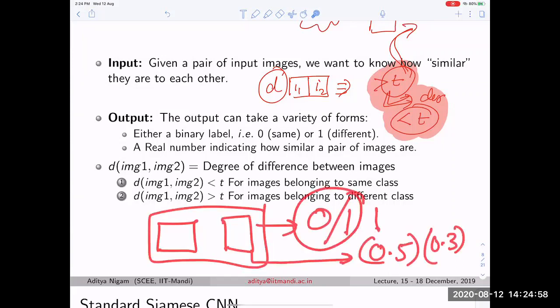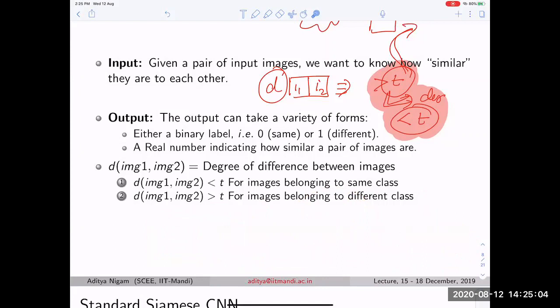Which one do you feel is easier to train, the first one or the second one? The first one is going to be easier to train, because you said we can use binary cross entropy. We can use whatever loss function we want because we want 0 and 1. That is why it's binary cross entropy.